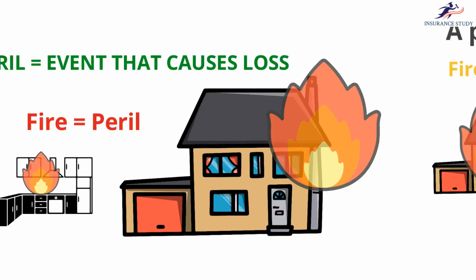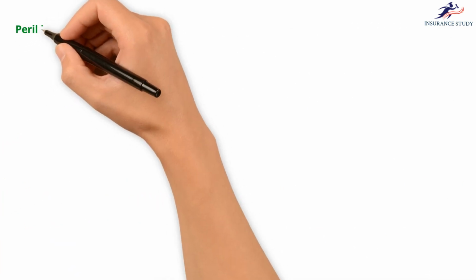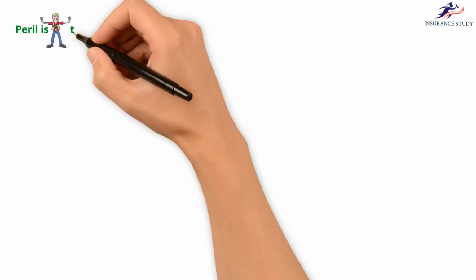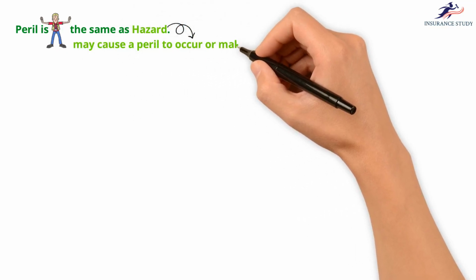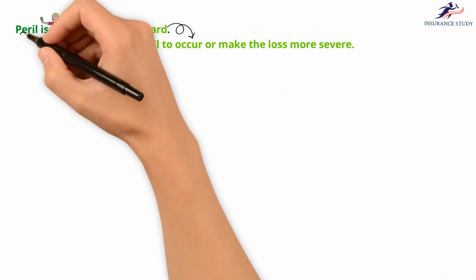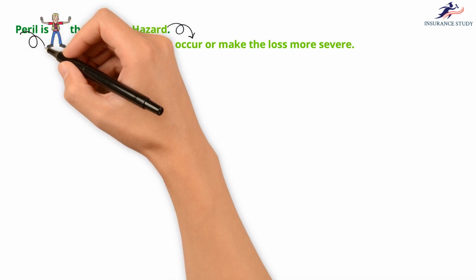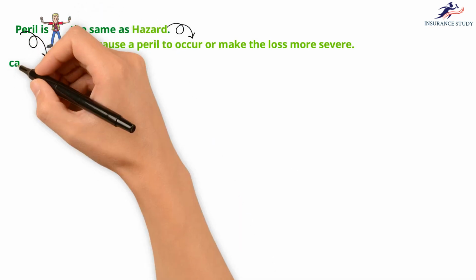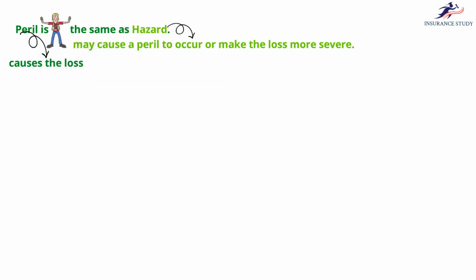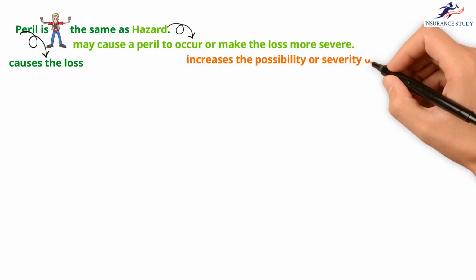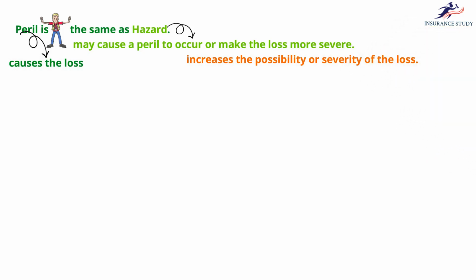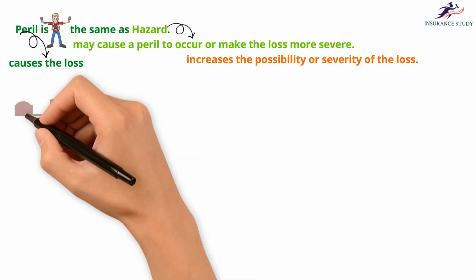So now we need to make an important distinction. Peril is not the same as hazard. A hazard is a condition that may cause a peril to occur or make the loss more severe. Here is a simple way to understand it. The peril causes the loss. The hazard increases the possibility or severity of the loss. So here's an example.